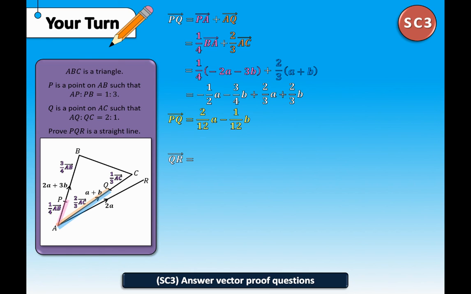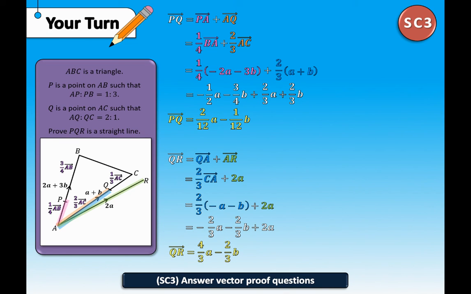QR is QA plus AR. QA is 2/3 of CA, and AR is just 2a. So we need to work out what CA is, and that's minus a minus b. So expand the brackets and then simplify.